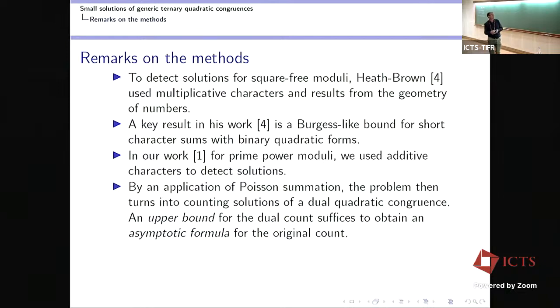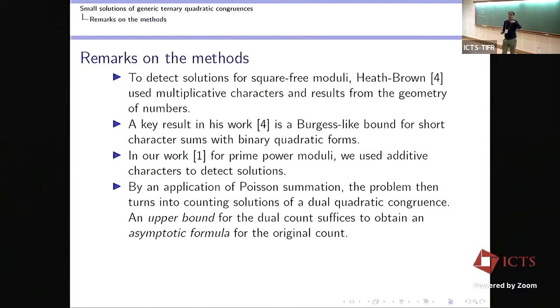In contrast, for this prime power modulus case, we used additive characters. The start is an application of two-Poisson summation, which transforms the problem into a problem about a dual quadratic form with a smaller range of the variables.